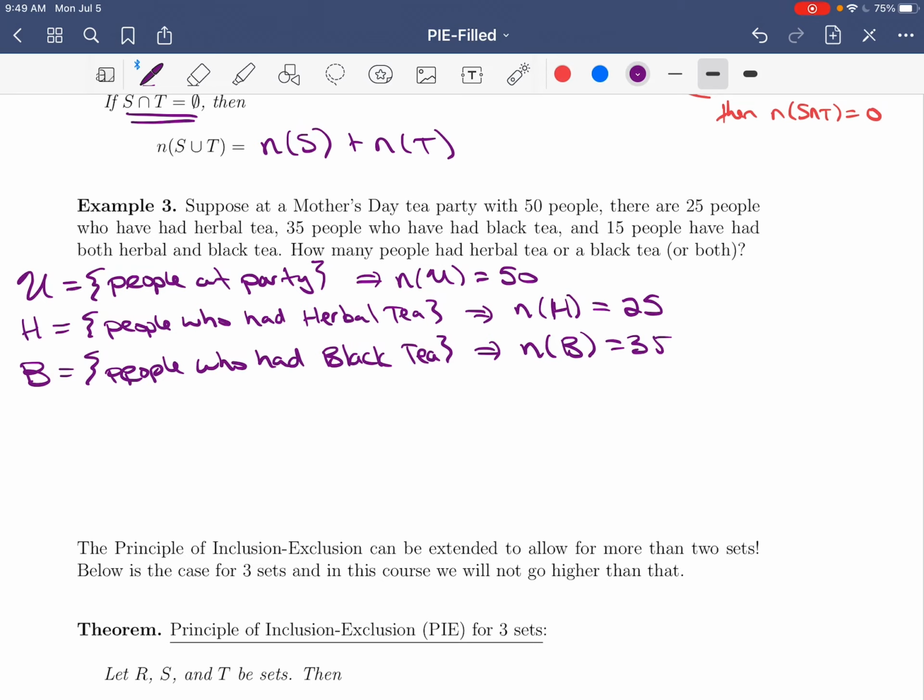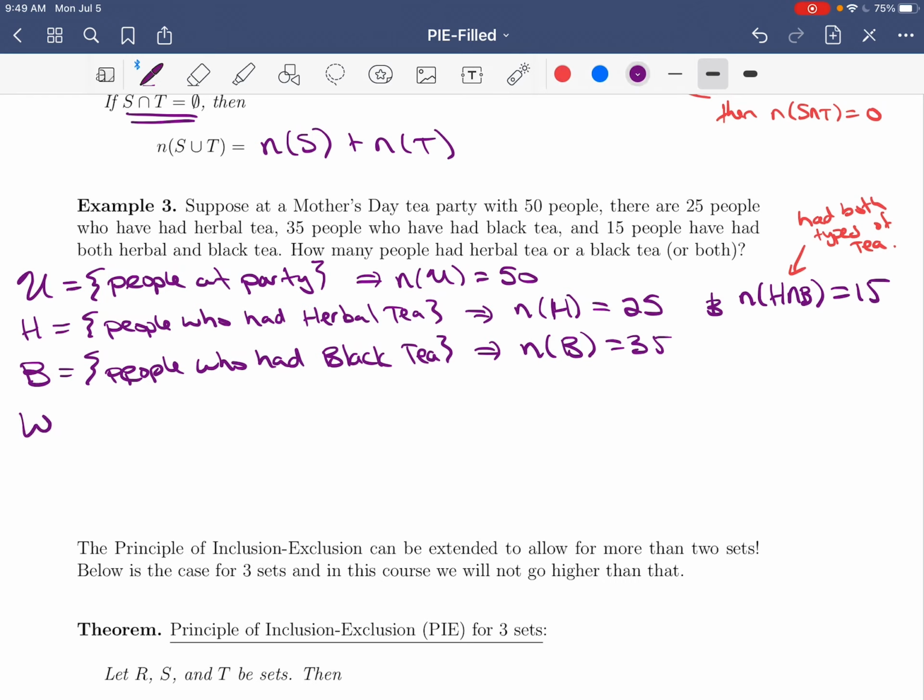And then the H intersect B is going to be the number of people who had both, and we know that that's 15. So this is had both types of tea. Okay, so that's what they gave us.